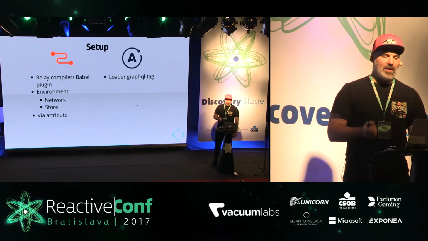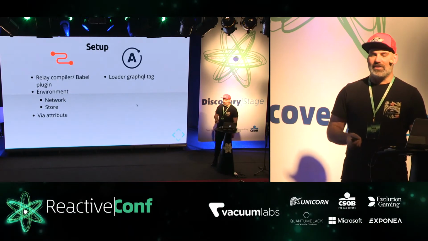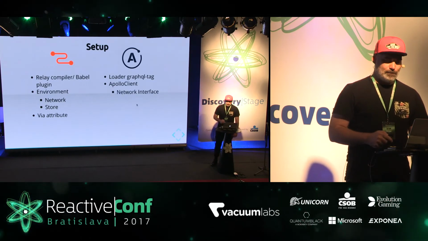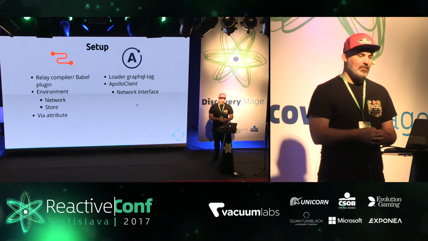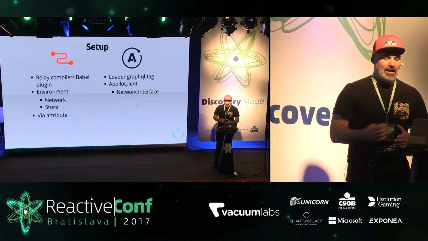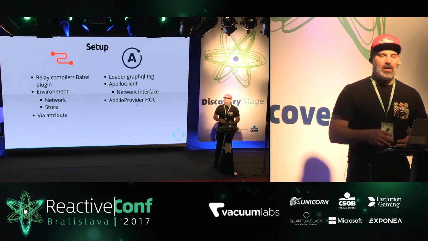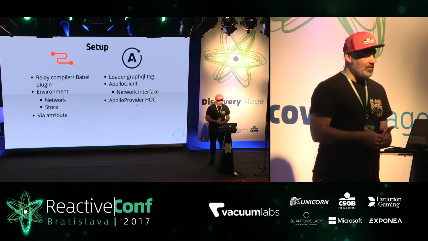For Apollo Client, we have some other dependencies. What we are using is graphql-tag, and that's going to be on our queries. Then on the setup of the Apollo Client, we have a network interface that is setting up the communications. Usually, we are going to introduce a higher-order component, which is going to be the Apollo Provider.